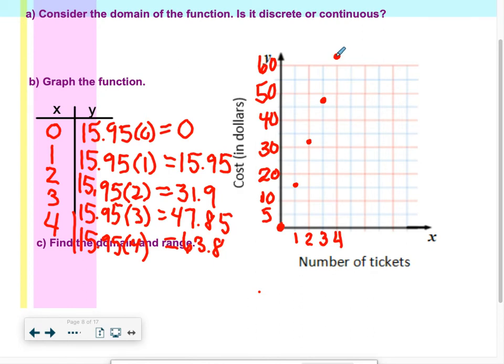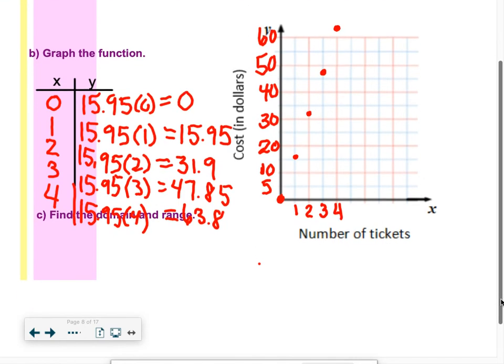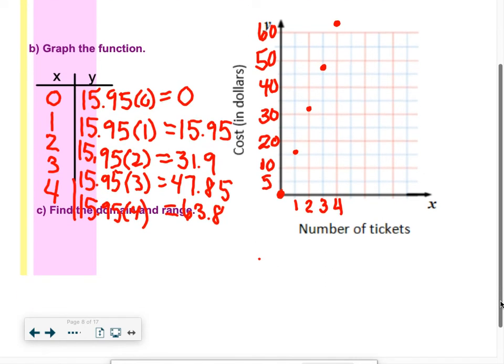Beautiful. Kind of looks like a line, right? We done? Almost.